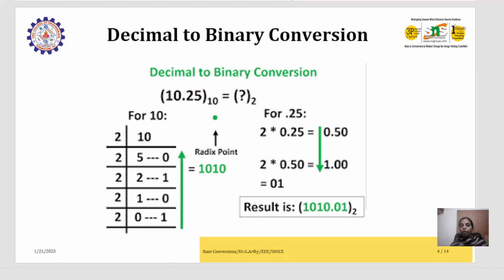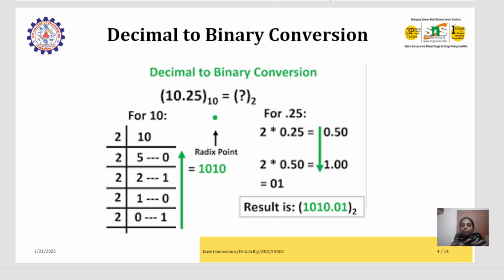So 0.25 has to be multiplied by 2. Why are we dividing by 2 and multiplying by 2? Because I have to convert decimal to binary and I need the output in binary form. For binary, the base is 2. That is why we are multiplying or dividing by 2.